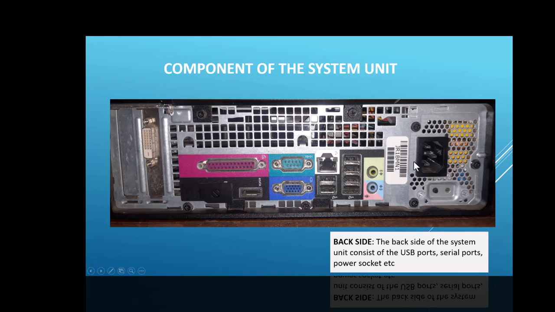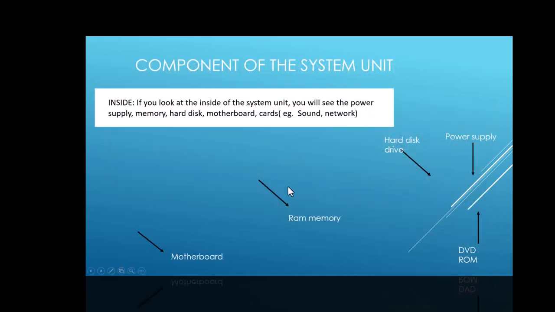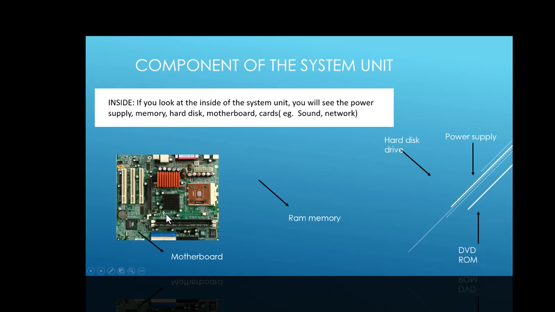Let's move on and look at the inside of the system unit. The inside of the system unit has the power supply, memory, hard disk, and motherboard. You have the sound card, the network card, and so much more. Now this is a vivid image of how the motherboard looks.